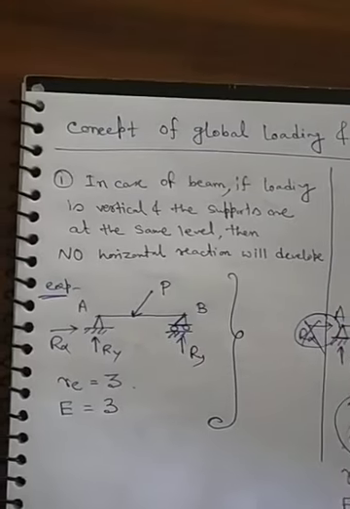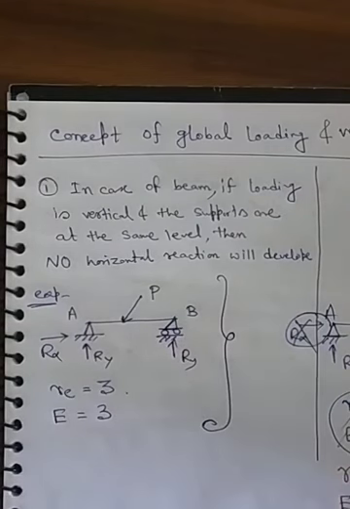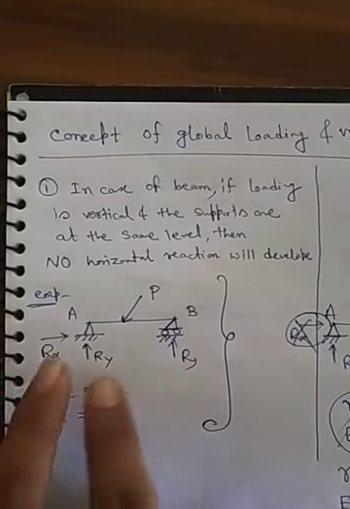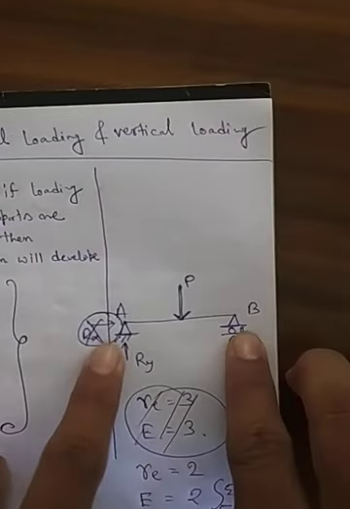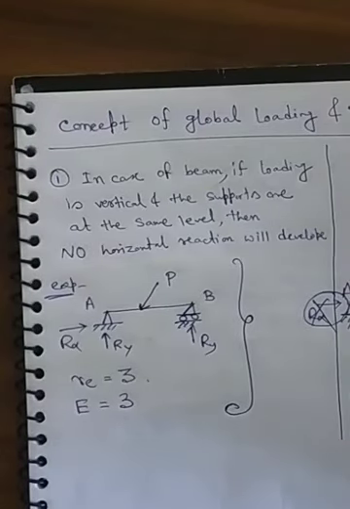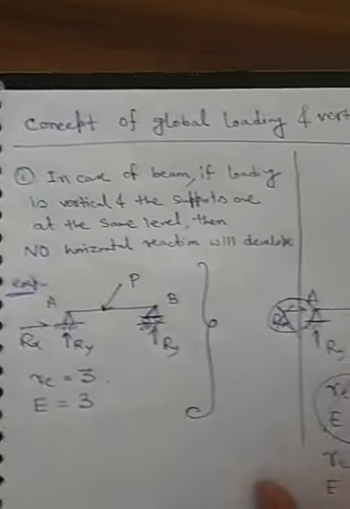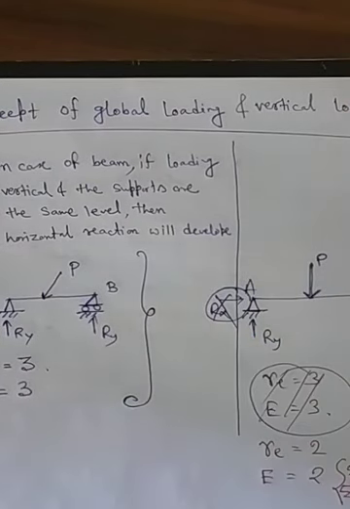That's why this assumption comes in case of beam. If loading is vertical and the supports are at the same level, here the supports are at the same level, right? Then no horizontal reaction will be developed. And the other part is in case of beam, if the loading is vertical but supports are not at the same level, the horizontal reaction will be considered.